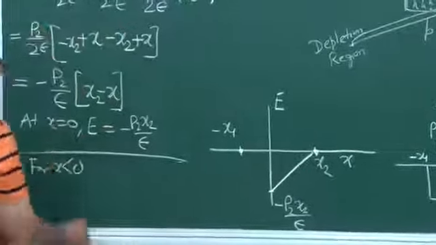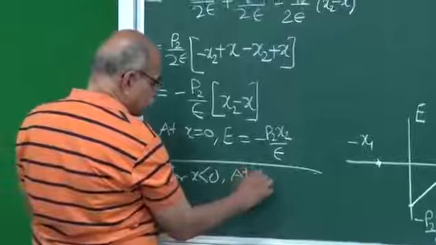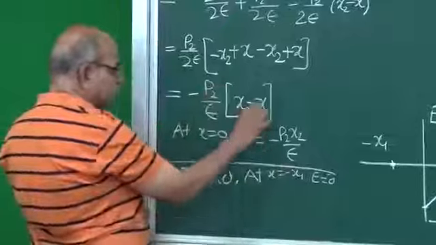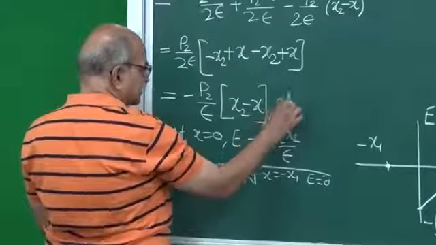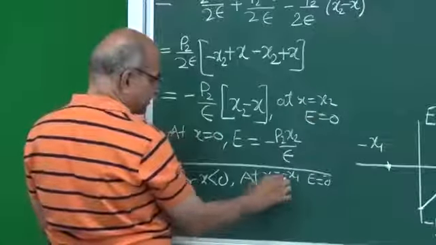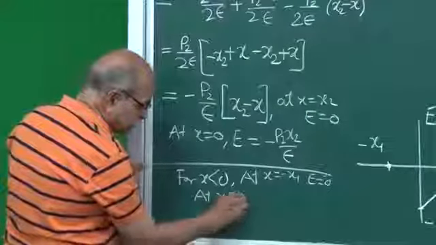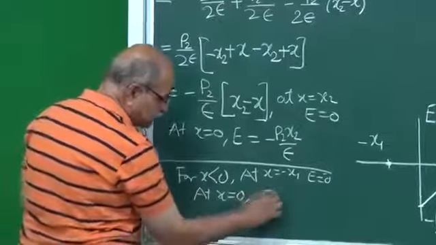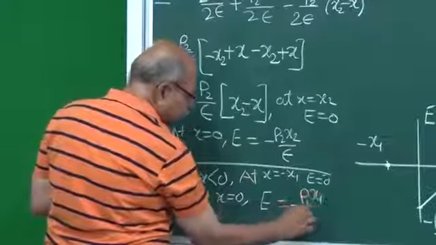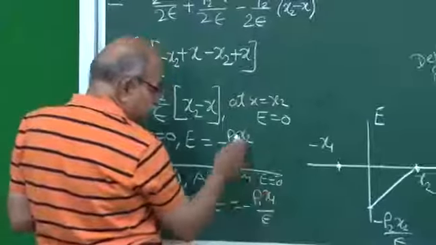And on the other side, for x less than 0, what you will expect is that at x equal to minus x1, the electric field will be 0, and then at x equal to 0, from the same expression, your electric field should be minus rho 1 x1 divided by epsilon, but it's the same as this because rho 1 x1 is equal to rho 2 x2.